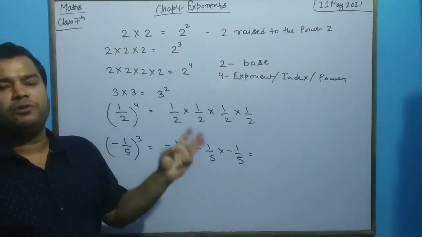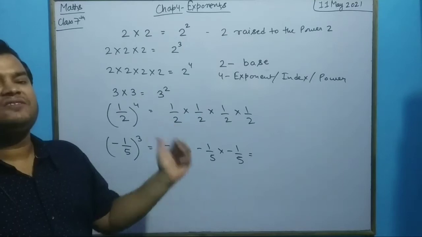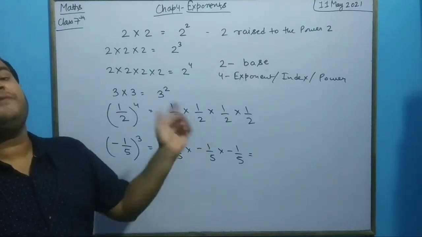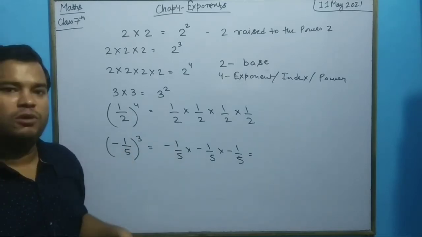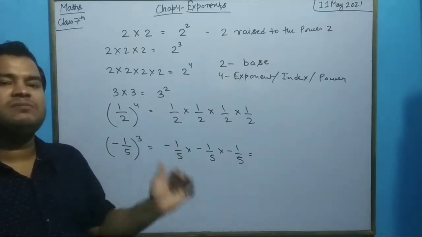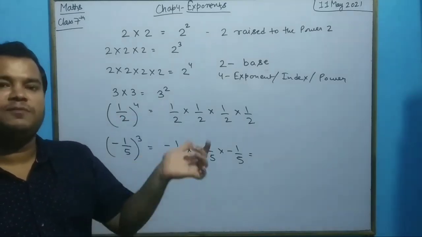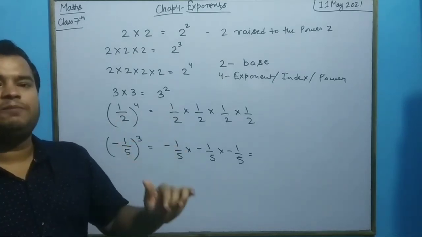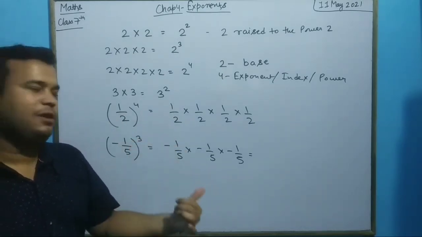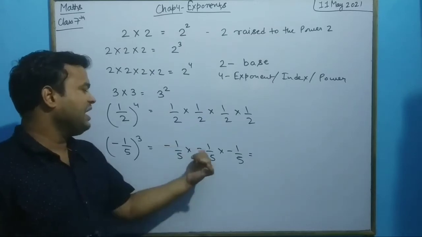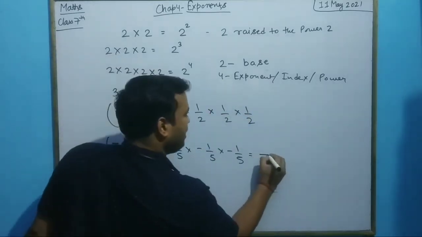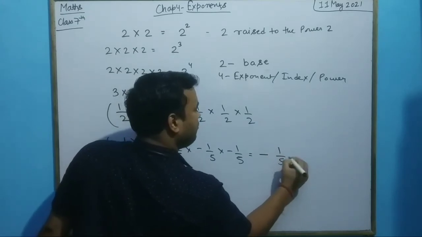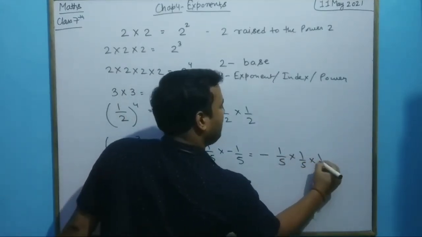I have told you when minus is multiplied even number of times, that is 2, 4, 6, 8 and so on, it will be positive. If it is multiplied odd number of times, it will be negative. So here negative is being multiplied 3 times, so it will always be negative. Negative and 1 by 5, 1 by 5, 1 by 5.